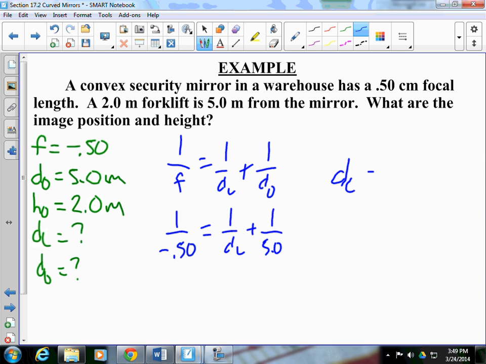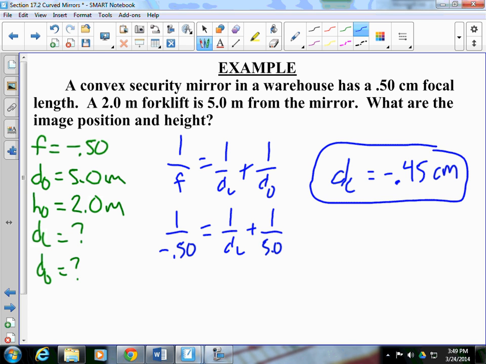We solve for DI, and what we end up getting is negative 0.45 centimeters. And we know it has to be negative. It's a convex mirror, so our image is going to be behind the mirror, which makes sense, which is negative.